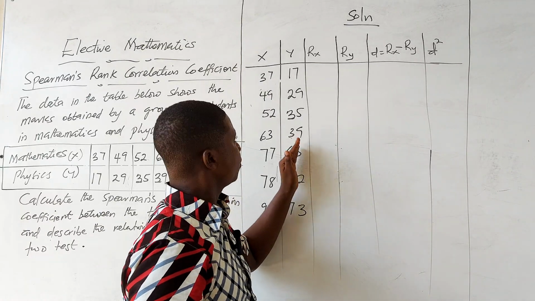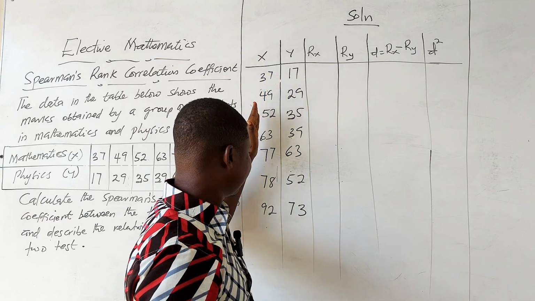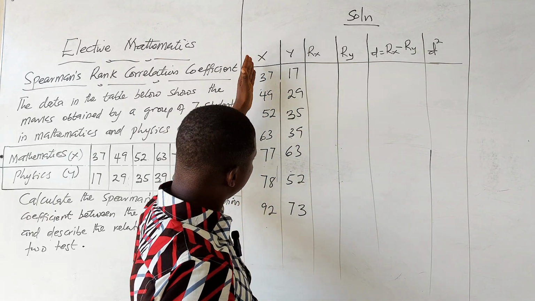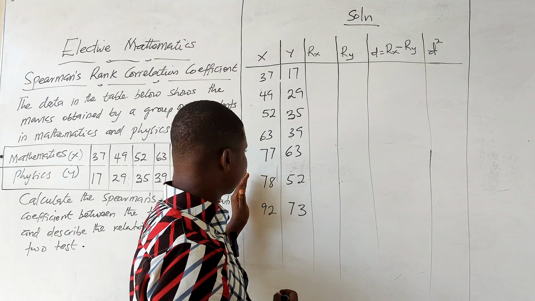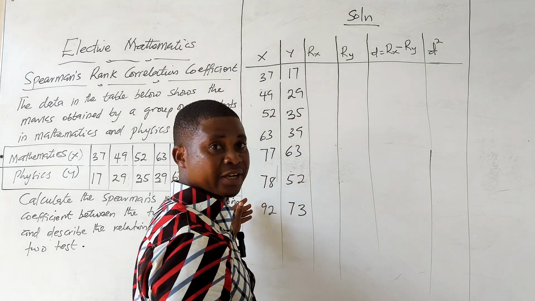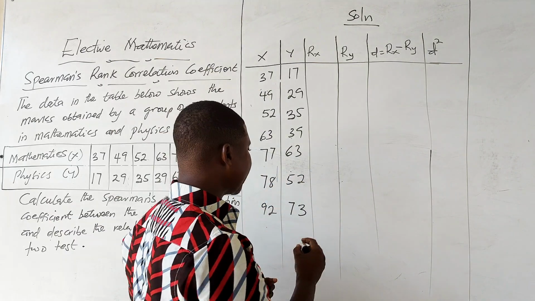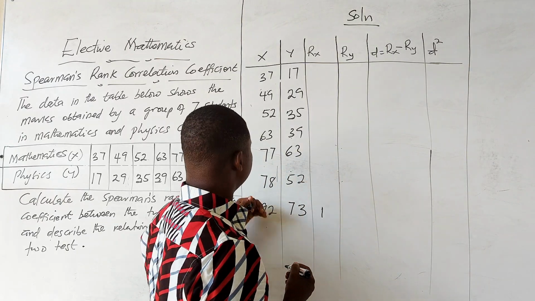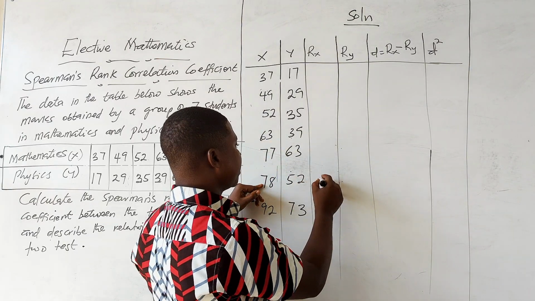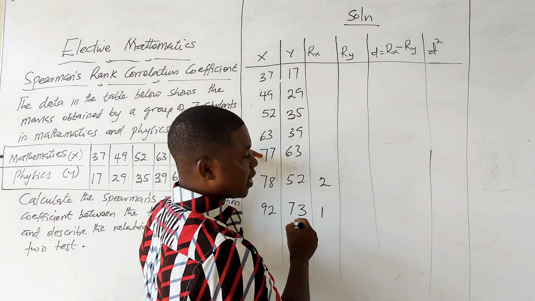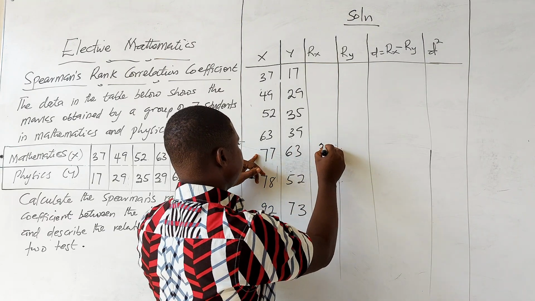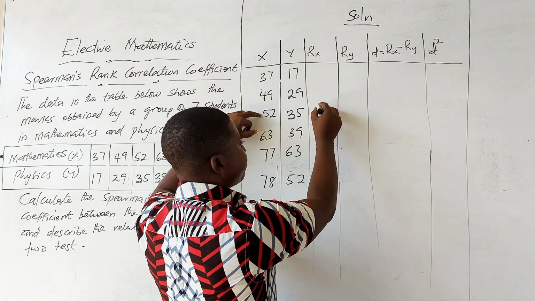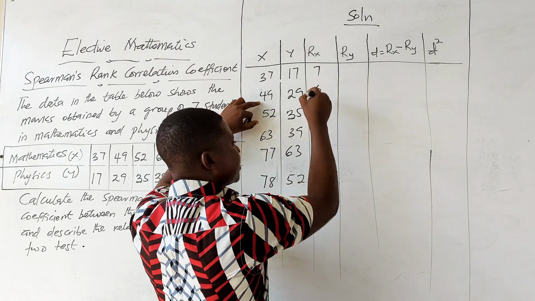The next step is we are going to rank the values of x in order. When you look at x, the highest value that we have is 92. So 92 becomes 1 because that's the highest. Then the next value here is 78, that's 2. The next value, 3, then 4, 5, 6, and 7.